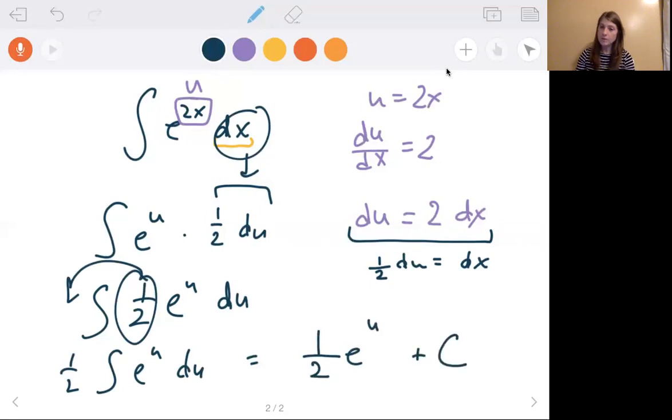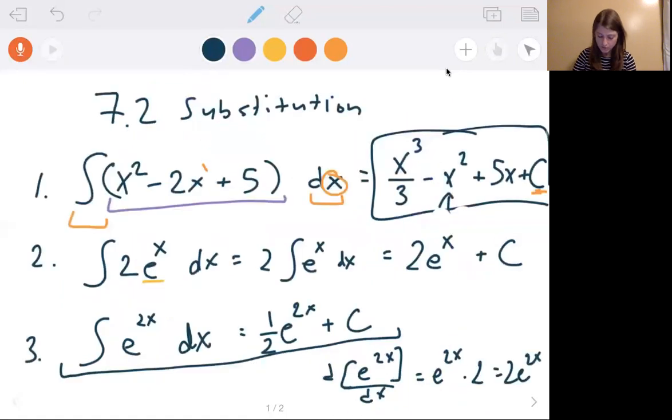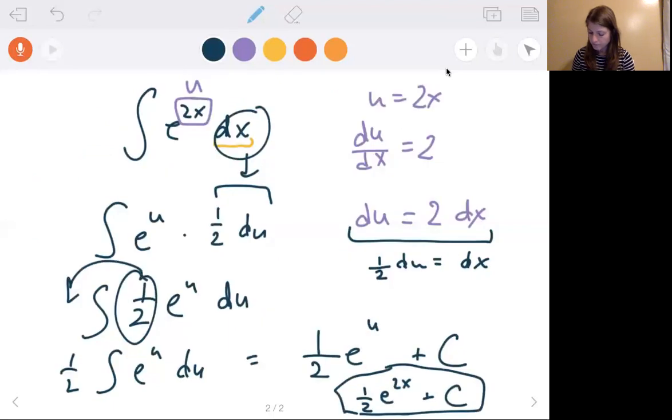And then think about your original problem. That u was really a 2x. So we can back substitute, put that 2x back in. And notice that's the same thing we got, 1/2 e to the 2x plus c over here, where we had to kind of do more of a guess and check.